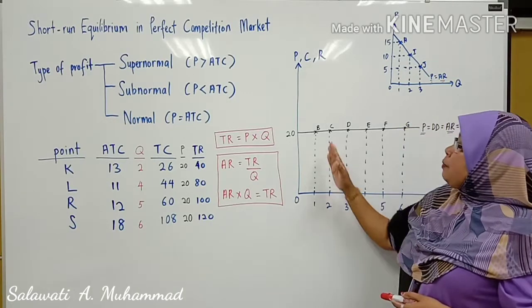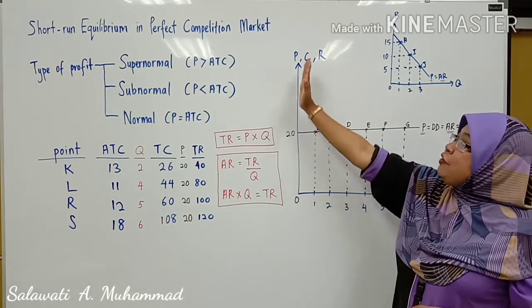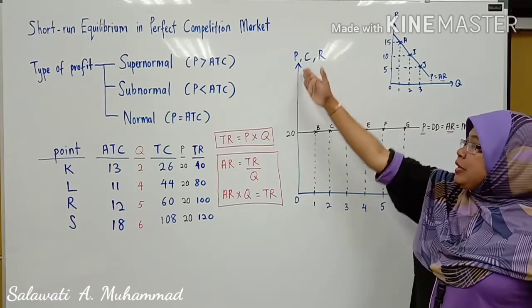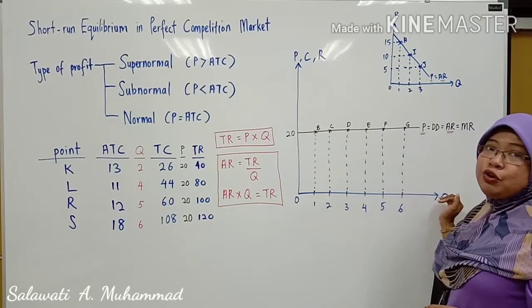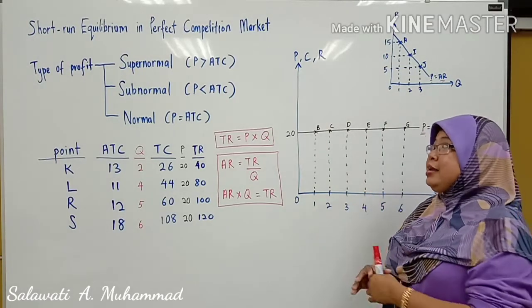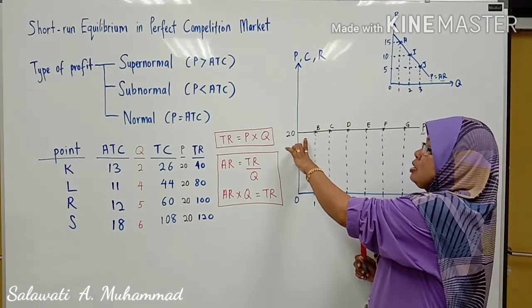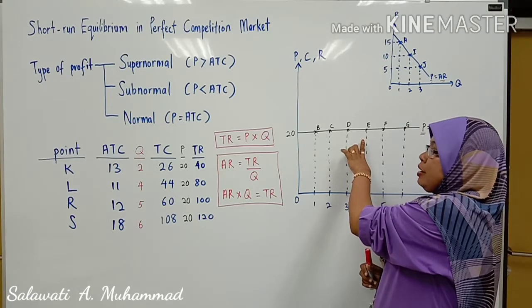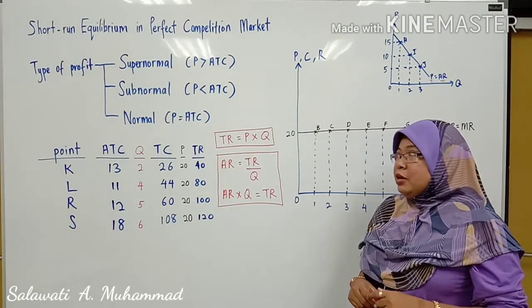Okay? Price, this is as if for price, this is as if for quantity. When we multiply price and quantity, we are actually trying to find the amount of square box at each quantity unit. Okay?